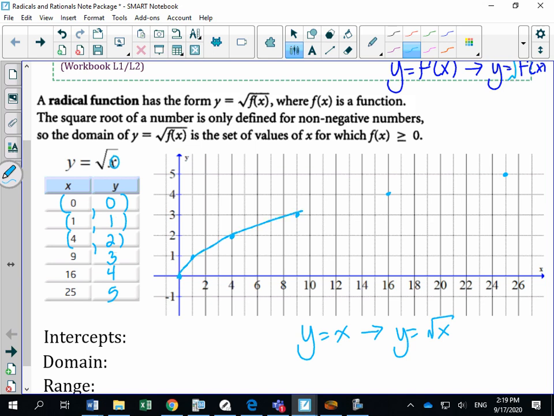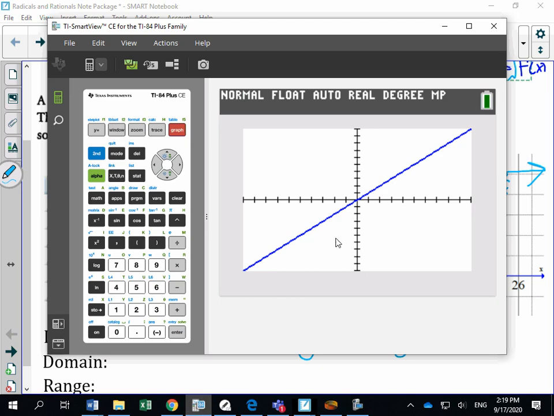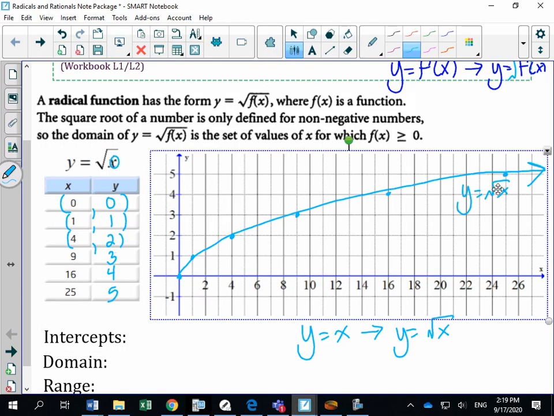This would be a graph of y is equal to the square root of x. So it's taking that linear graph and transforming it into y is equal to the square root of x, and this is what our graph looks like.